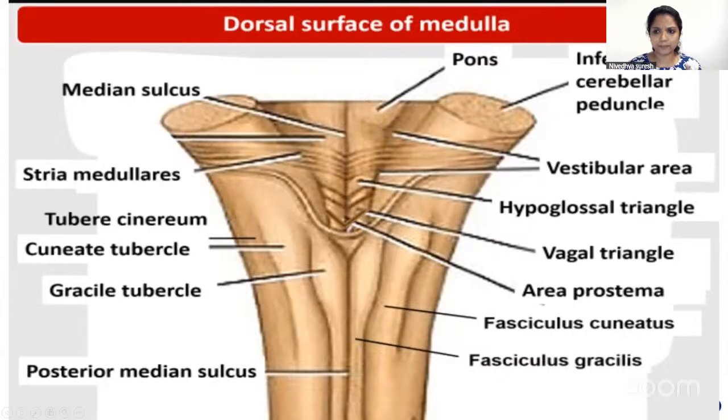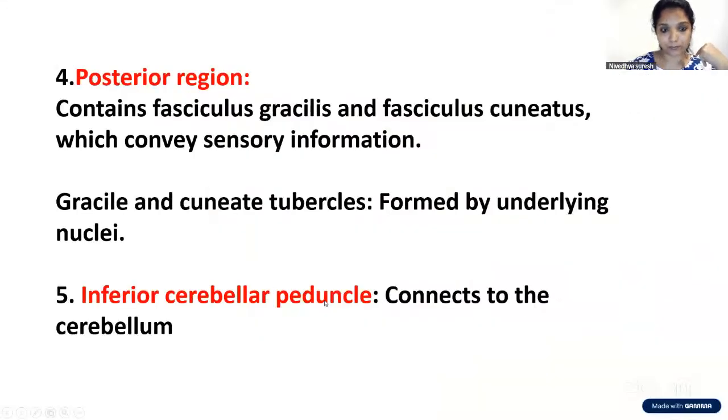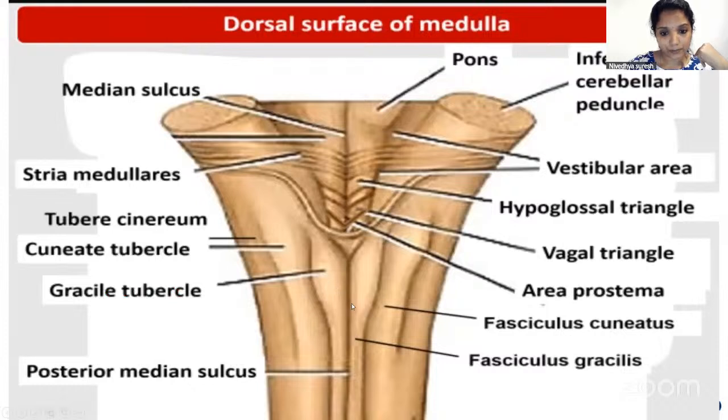See, the term tubercle means what? A protuberance, a rounded or convex protuberance. These two tubercles continue down as a fasciculus. Fasciculus means bundle.